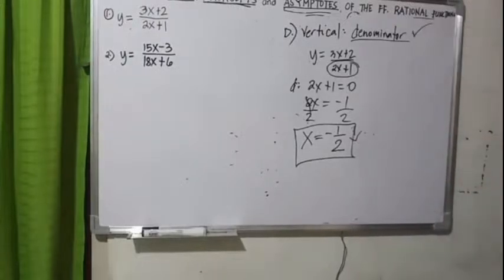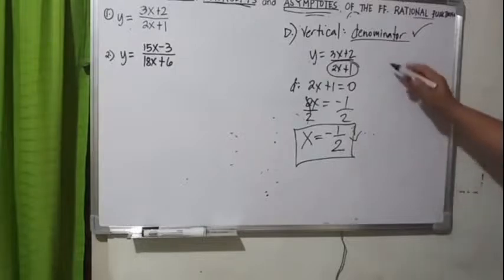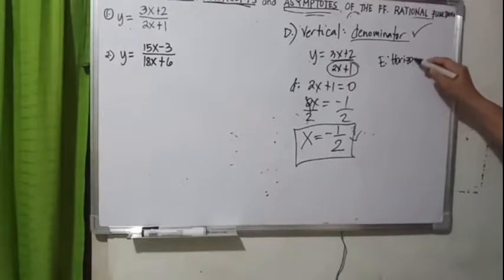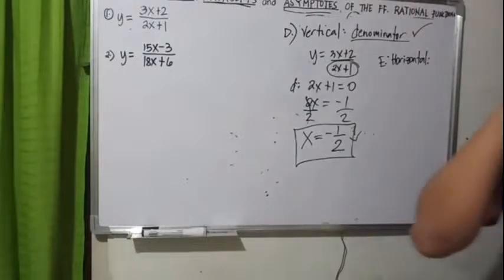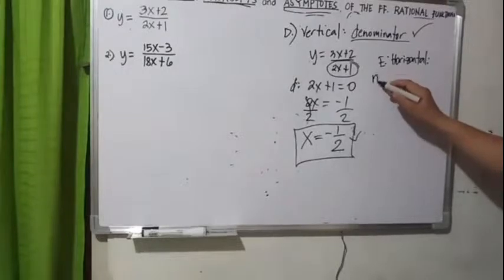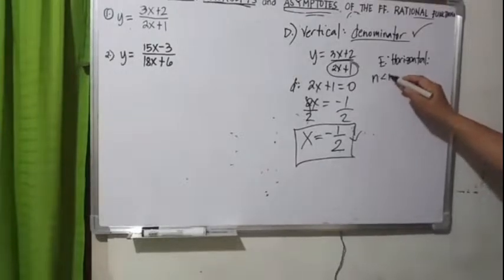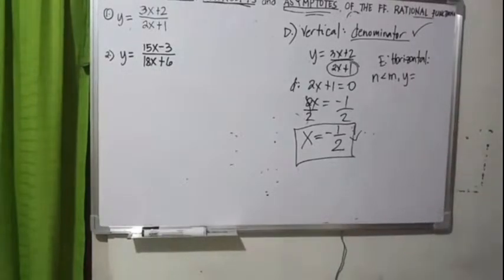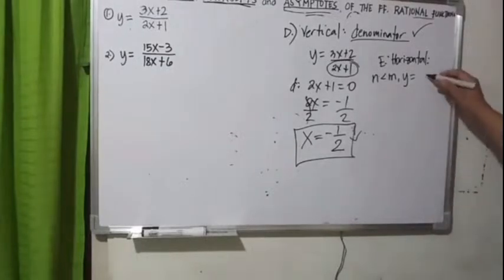Naka-base tayo sa denominator. How about horizontal asymptote? Sa letter E na tayo. Merong tatlong restrictions yung horizontal asymptote. So una, if n is less than m, ang horizontal niyan is y equals 0.